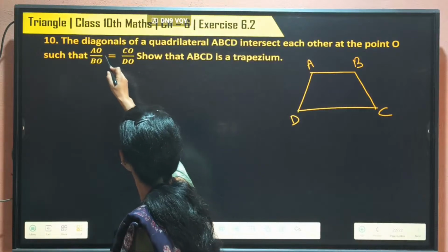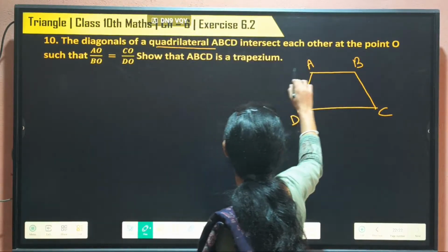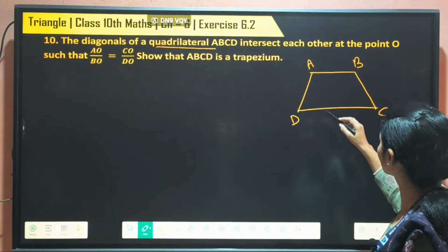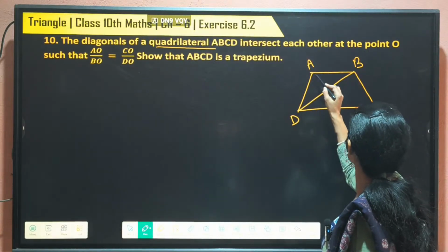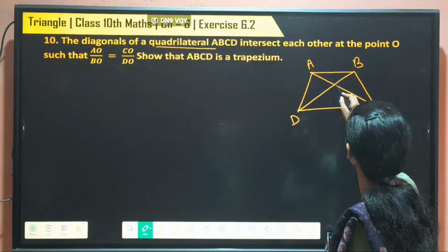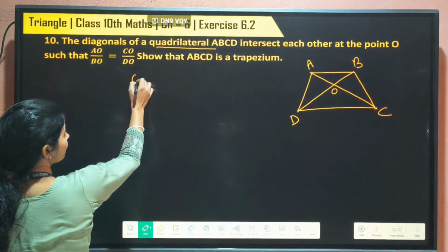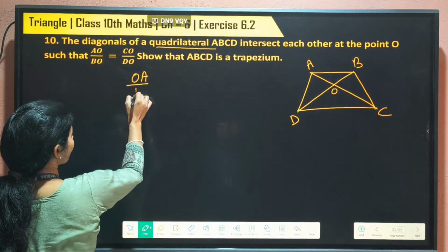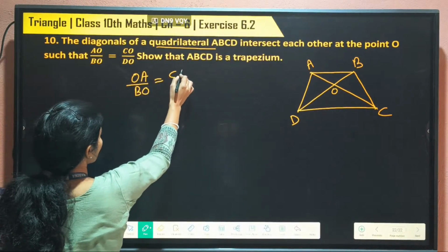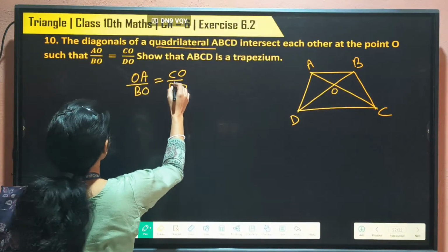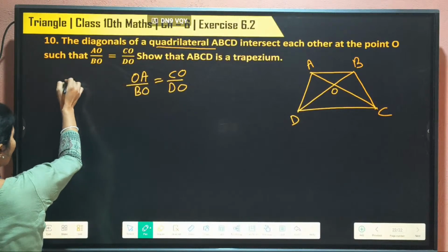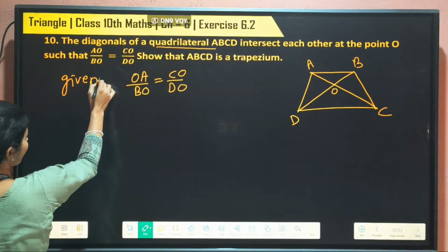Its diagonals intersect at point O. Show that OA by BO equals CO by DO. This is given.